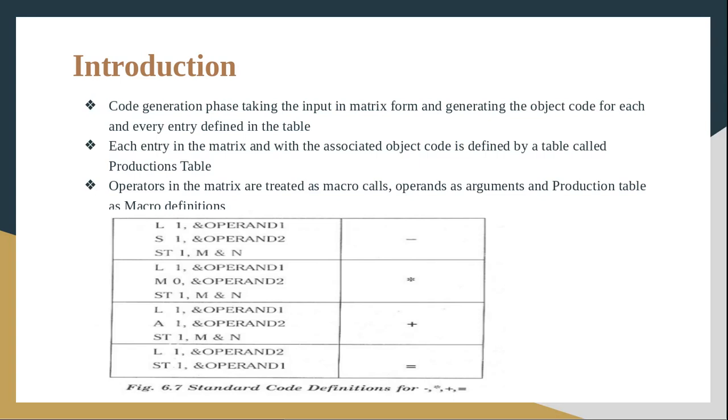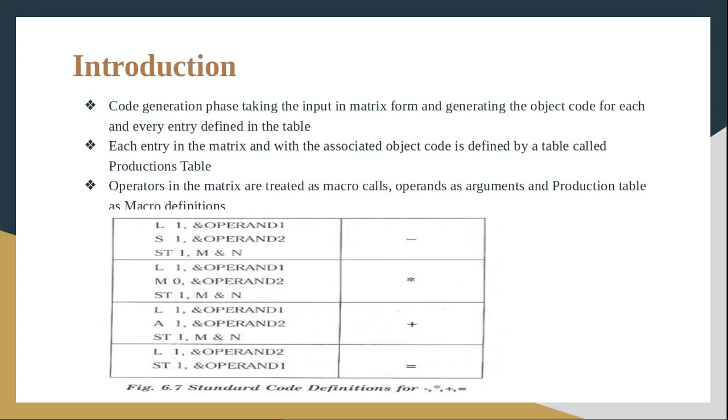Okay, so here we have operators like subtraction, star, addition, equals, etc. So here this is the main database we are using in the code generation phase. In this particular code generation phase, we will be considering our production table, that is the one which is defining object code for each operator.